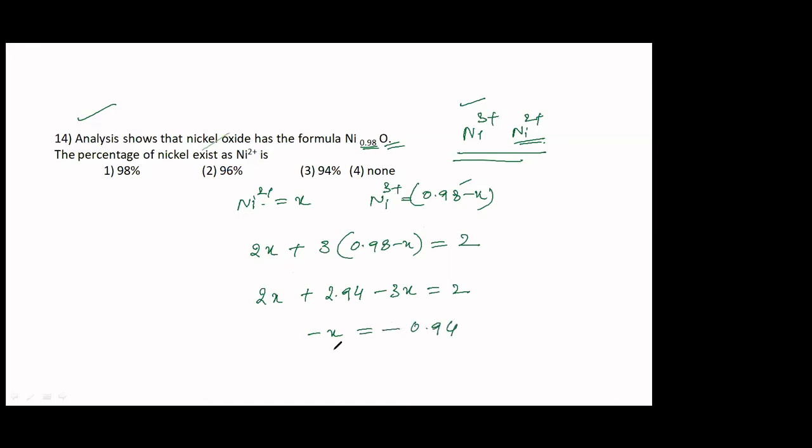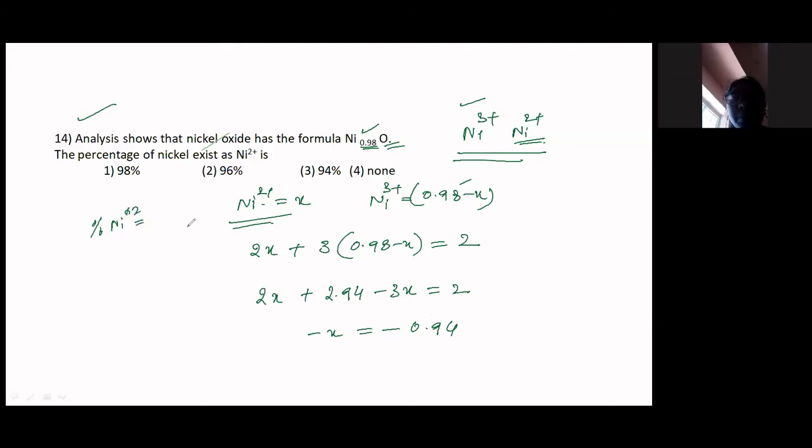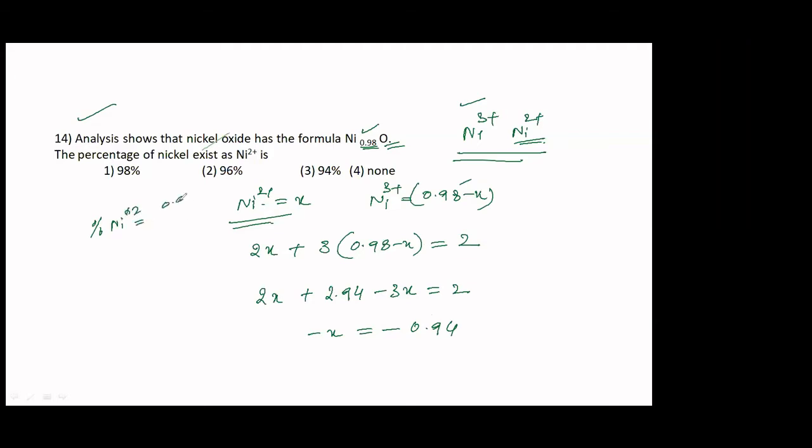So x is 0.94. That is actually not the percentage because it is out of 0.98. So the percentage of Ni2+ is 0.94 divided by 0.98 into 100.